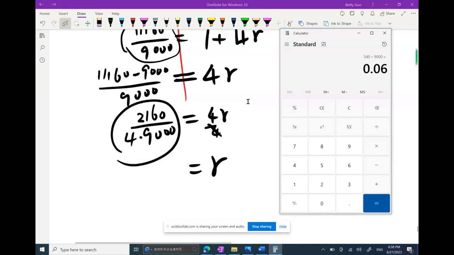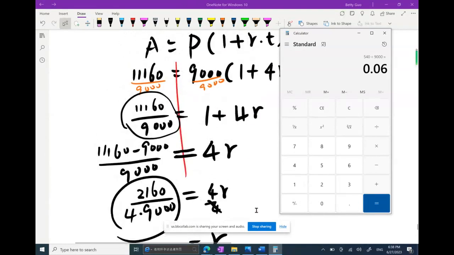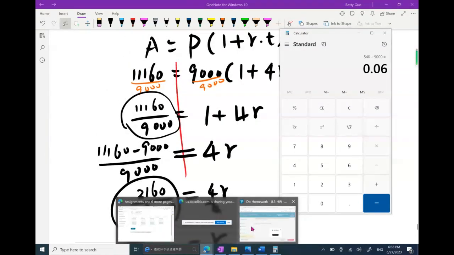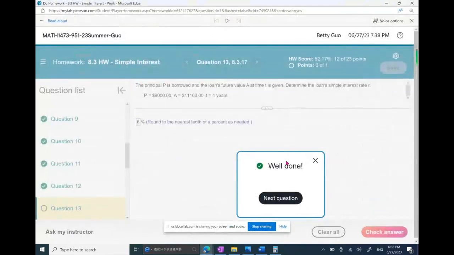Instead of doing all that, I think we should try to understand what simple interest is. The first method that I applied is actually the better method. When you use A minus P, the difference between A and P, that's the interest for 4 years. In the case of simple interest, every year the interest is the same, right?